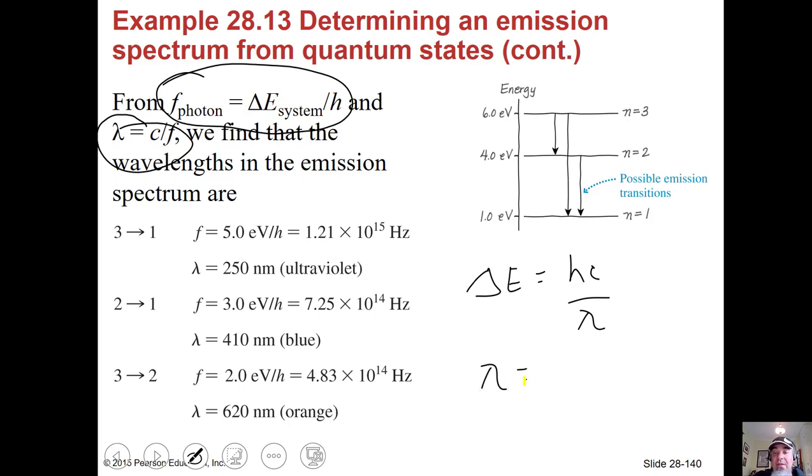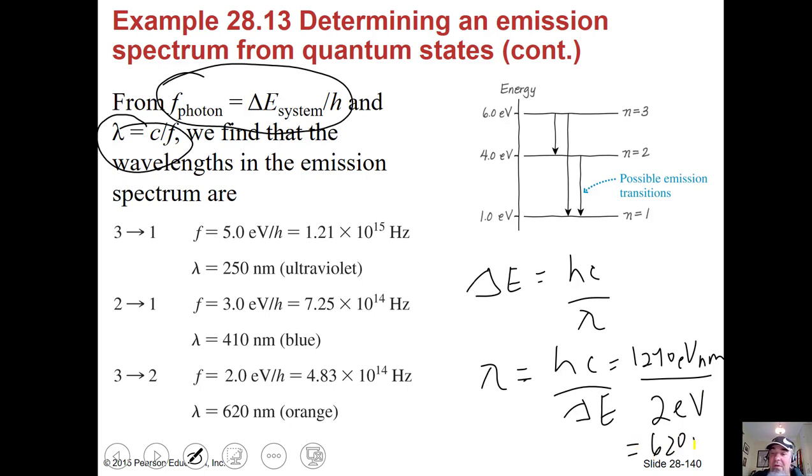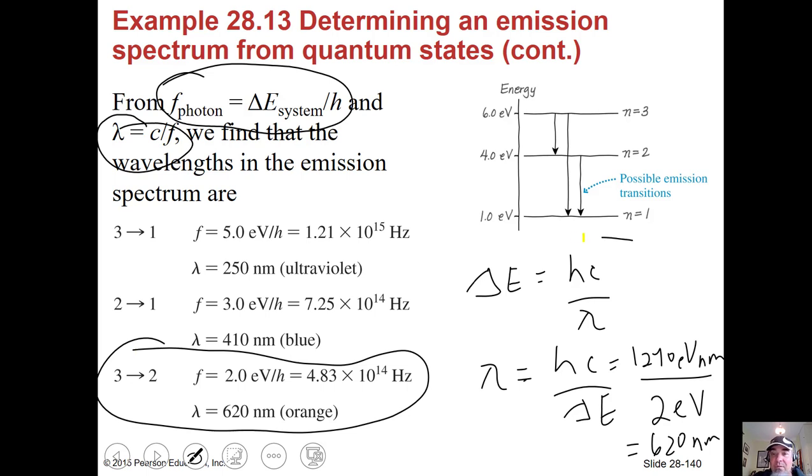So then the wavelength would be hc divided by the difference in energy. Okay, so let me just do the first one. This would be 1240 eV nanometers, and then let's say we're going from 3 down to 2. The difference in energy would be 2 eV, so then you get 620 nanometers. It's a little cleaner maybe than this. That's this one here I just did.